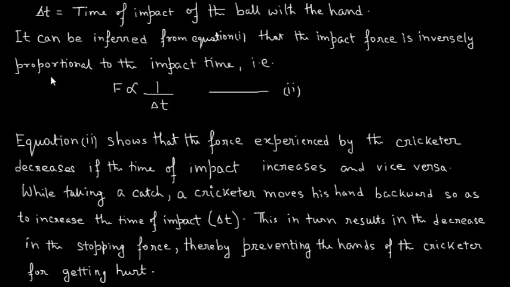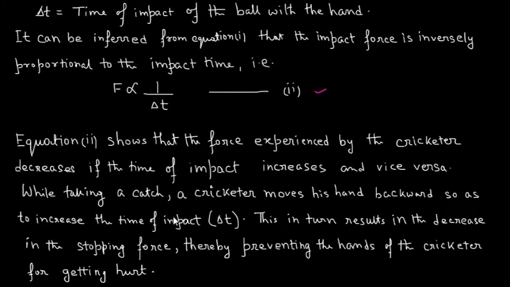So it can be inferred from equation 1 that the impact force is inversely proportional to the impact time. That is, F is proportional to 1 by delta t. This is equation 2. Equation 2 shows that the force experienced by the cricketer decreases if the time of impact increases, and vice versa.